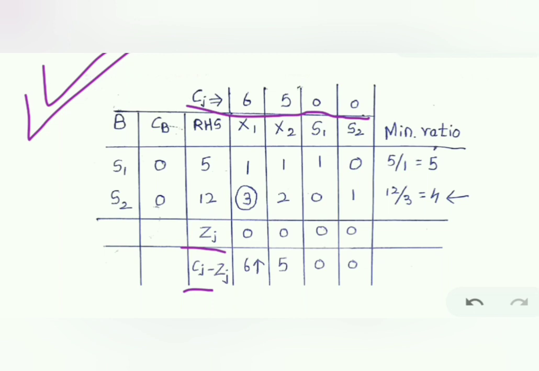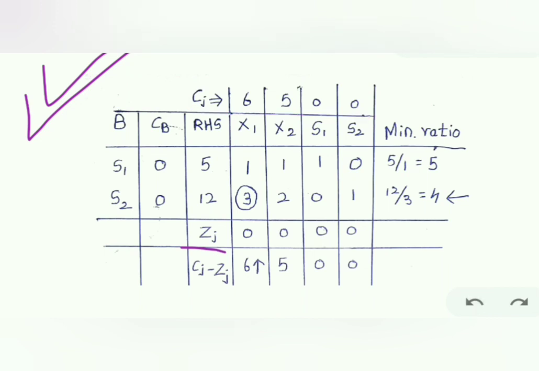So how to find Zj? What does Zj show? It signifies the amount of outgoing profit by introducing 1 unit of a non-basic variable into the basis. Didn't understand? Let it go.